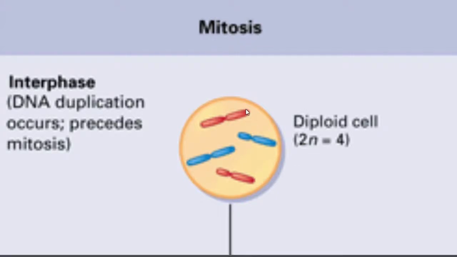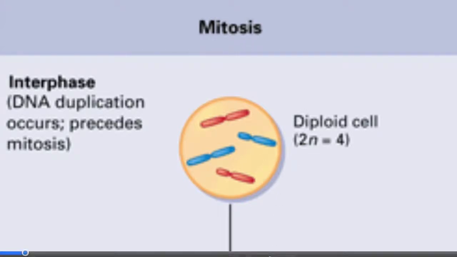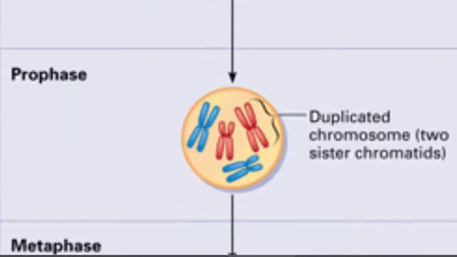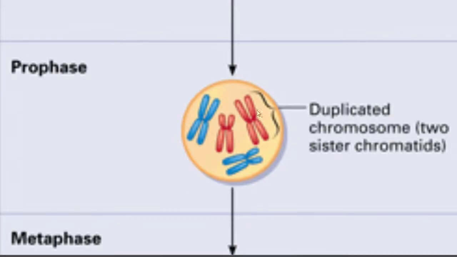So instead of a single sausage, we end up with double sausages. We've still got 4 chromosomes, but they're now made out of 2 copies attached together. We call each half a chromatid. So each chromosome is a double sausage of DNA stuck together. In mitosis, or any kind of cell division, the first step is DNA replication.